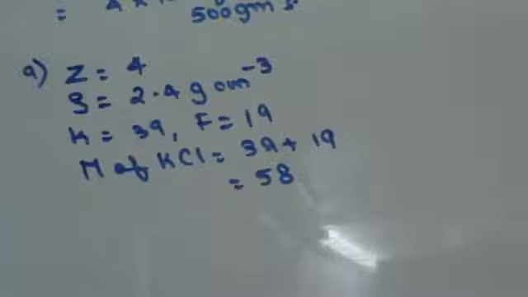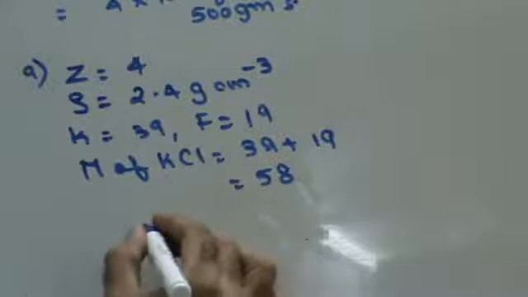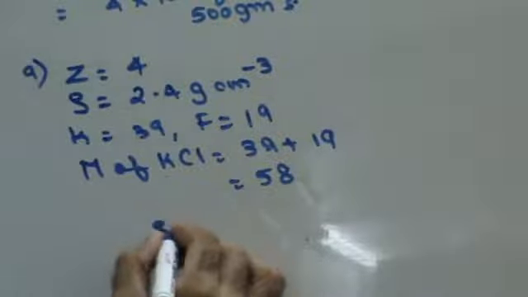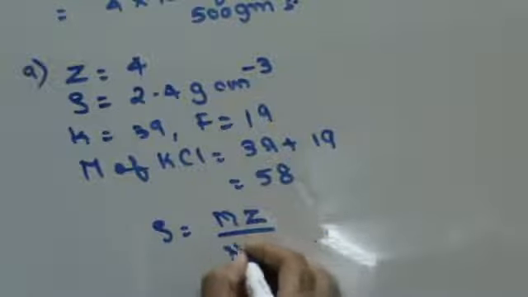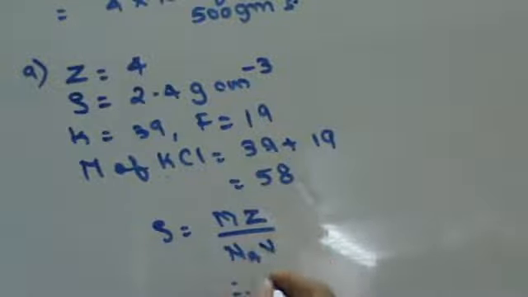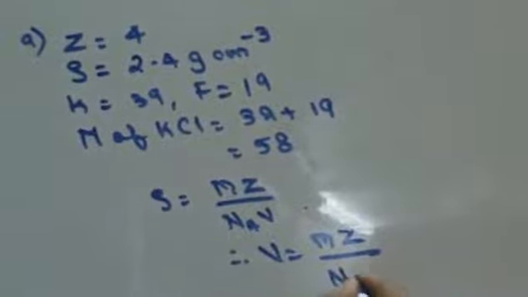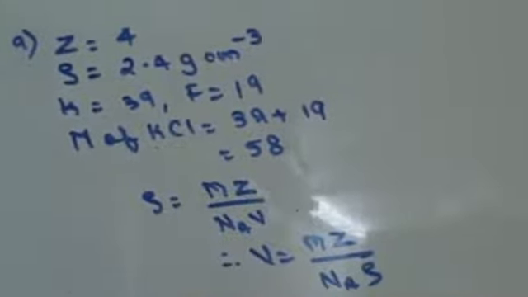Right? First of all, I can use my formula that density is nothing but mZ upon Na into V. So I could find out V. I know m, I know Z, Na is Avogadro's number. Density is given to me, so I'll come to know the volume.